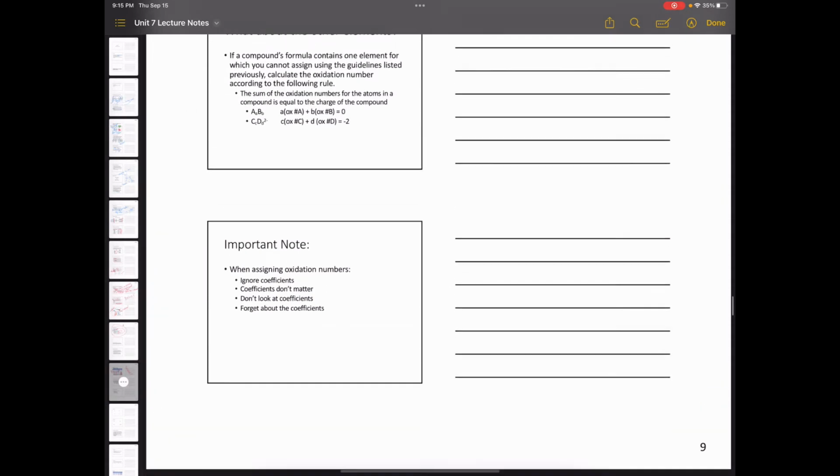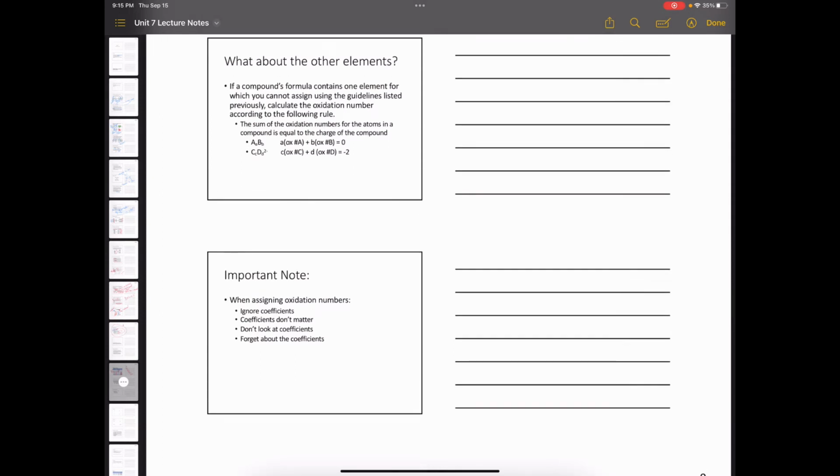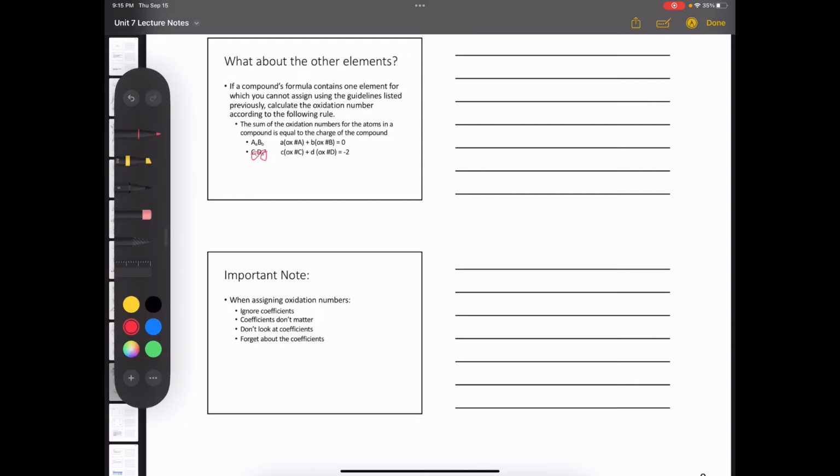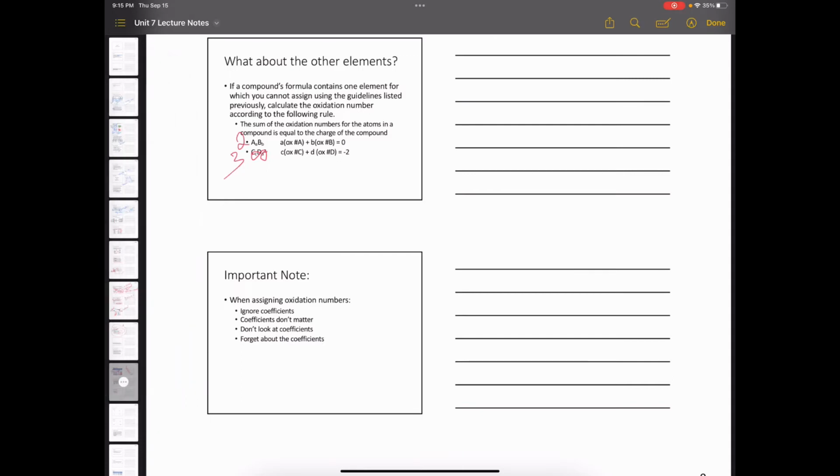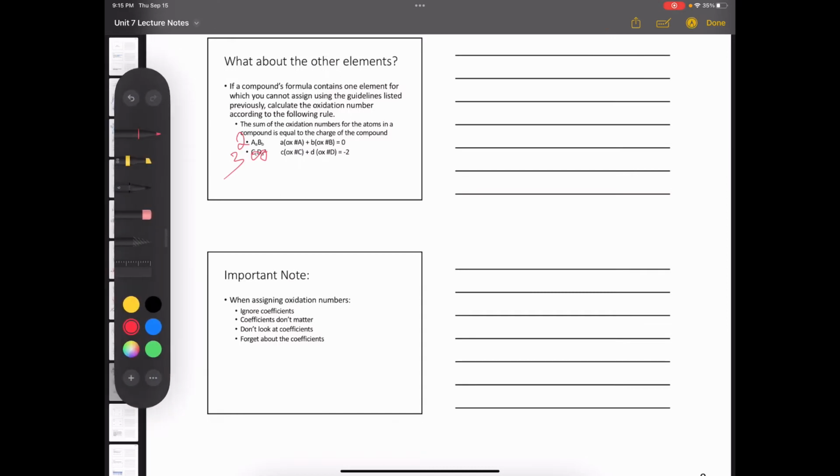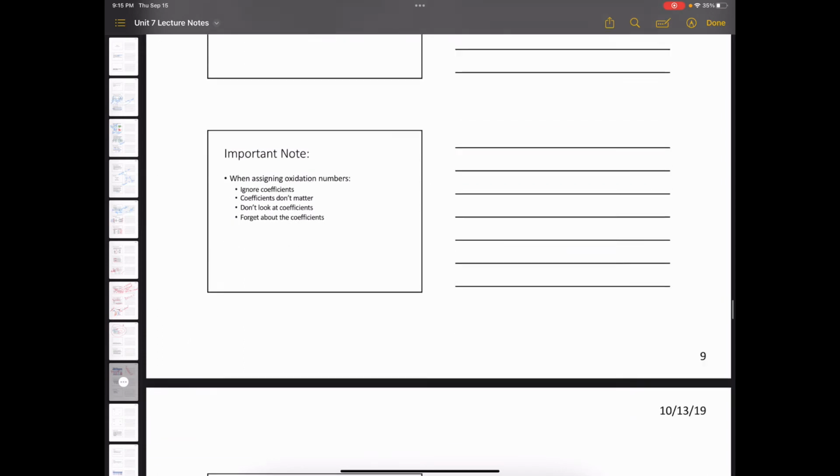These should not be included when you're calculating the oxidation numbers. And again, we're not talking about the subscripts. We're talking about the coefficients, the big numbers that we add ahead, for example a 2 or a 3, to make sure our equation is stoichiometrically balanced. So the coefficients are not involved in the calculation.